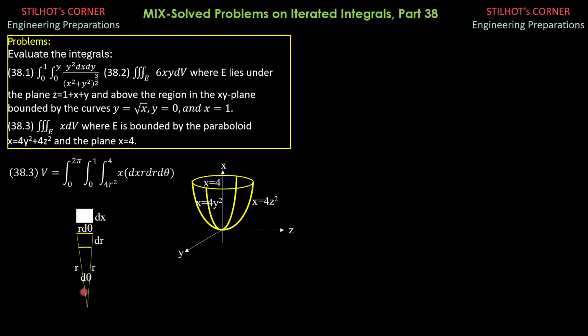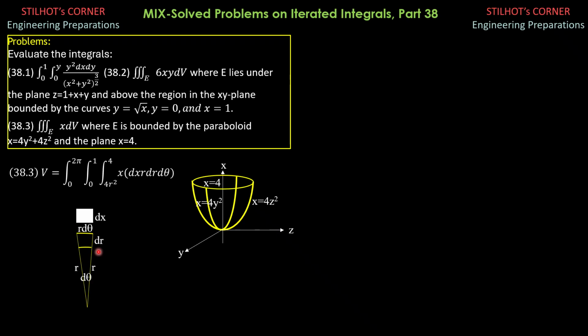If the radius is denoted by r or rho in general, the central angle is d theta. That's why theta ranges from 0 to 2 pi. And the arc length, remember, is radius times central angle, r d theta. And this is the differential of r. So the differential area under this differential volume element is r d theta, then dr.